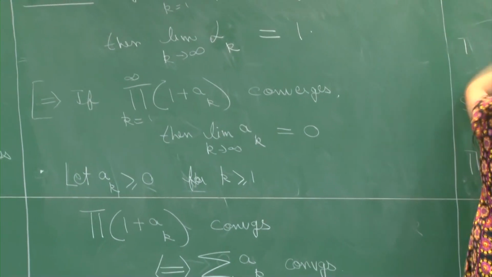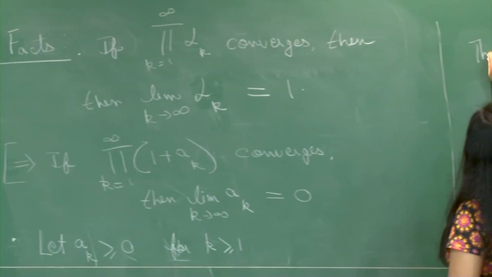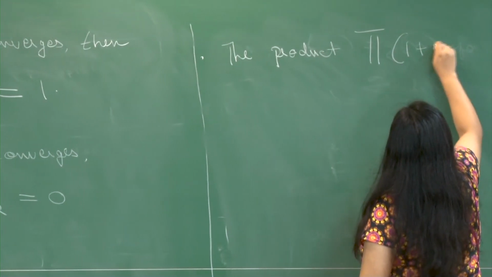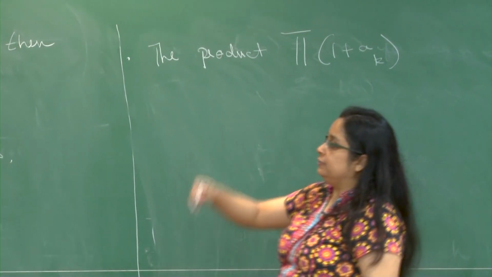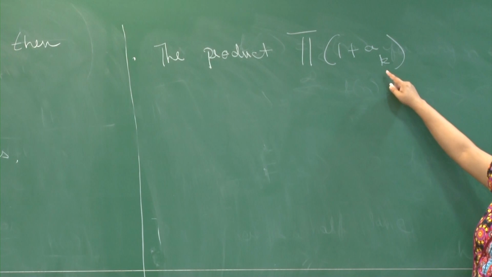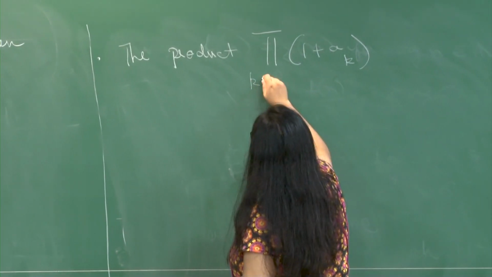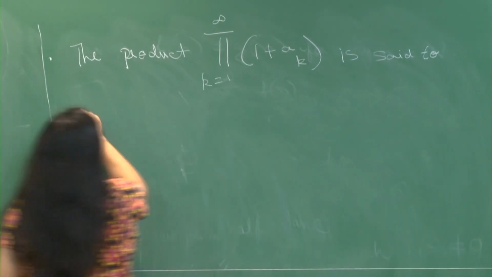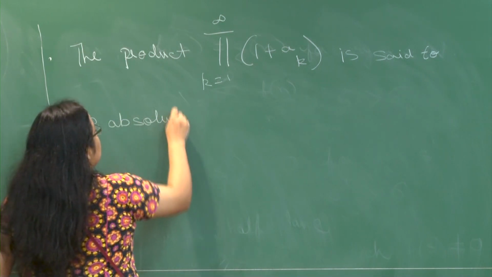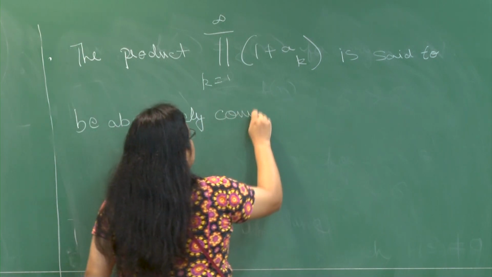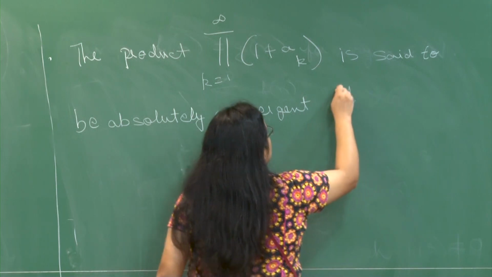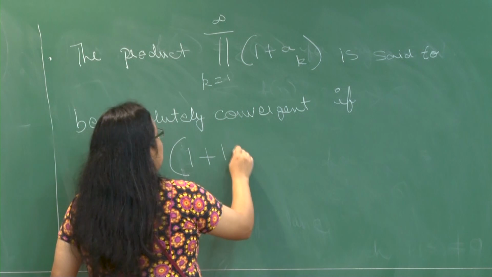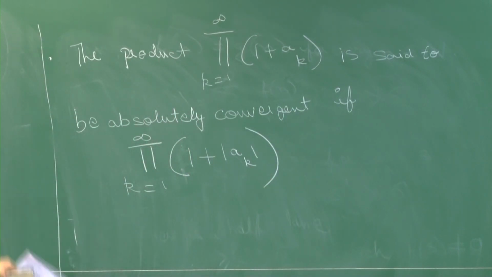So the definition of absolute convergence of an infinite product is this: for the product of 1 plus a sub k, and since we want the product to converge to something non-zero, we will always take a situation where a sub k is never equal to minus 1, the product is said to be absolutely convergent if the product for k going from 1 to infinity of 1 plus the absolute value of a sub k is finite.